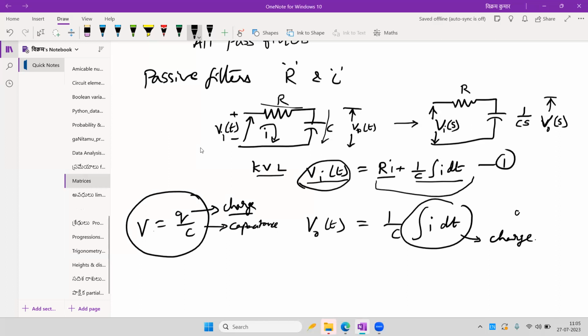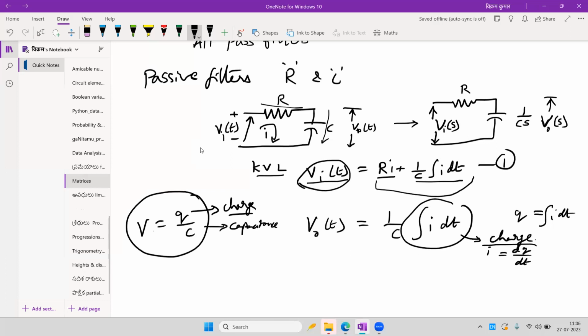Because charge Q is equal to integral i dt, sorry, one minute, let me write. Q is equal to integral i dt, or you can write dq by dt is equal to i.